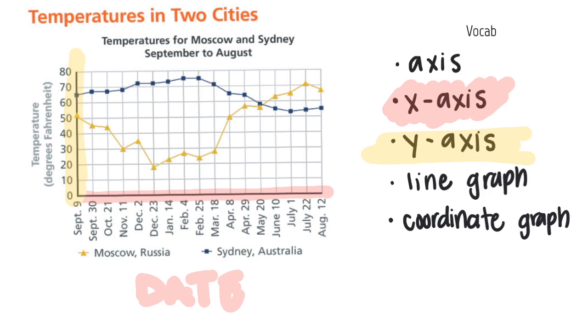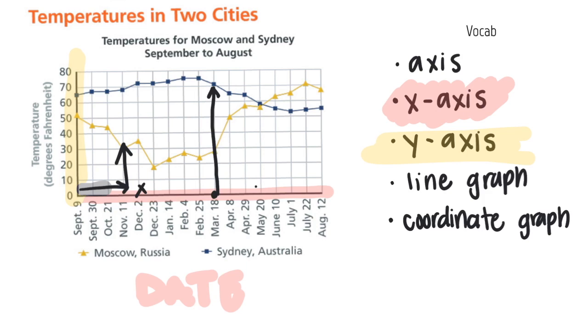So now, when we think about x and y axis, I want us to think first that we're always going to crawl before we walk. Okay, so we always read the x first. Okay, so let's say if I go to March 18th, then I have to stand up to go to my y-axis, which is going to tell me a certain temperature.